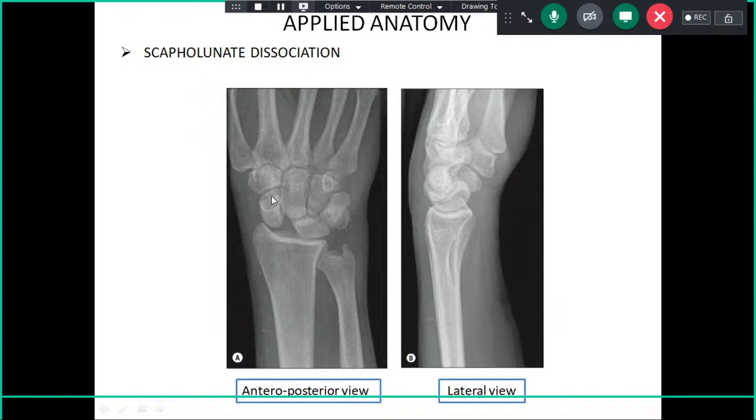So in this scaphoid bone, there is a sufficient amount of gap which has happened over here. This is also due to some kind of extensive pulling of the muscle, so that the joint cavity gets more separated in between the scaphoid and the lunate bone.